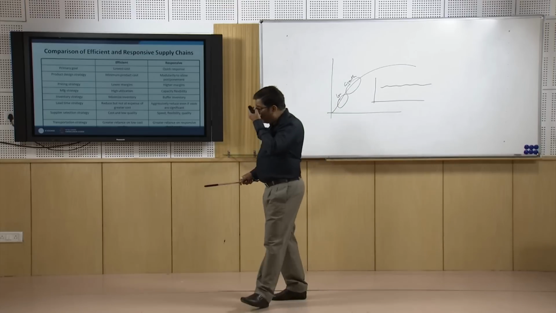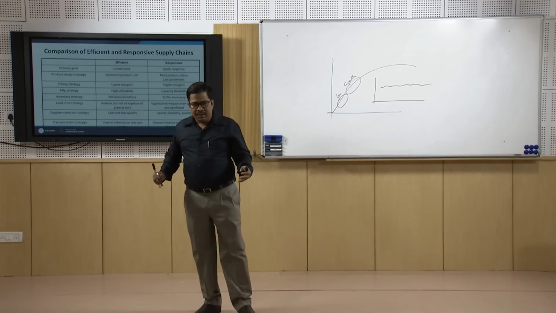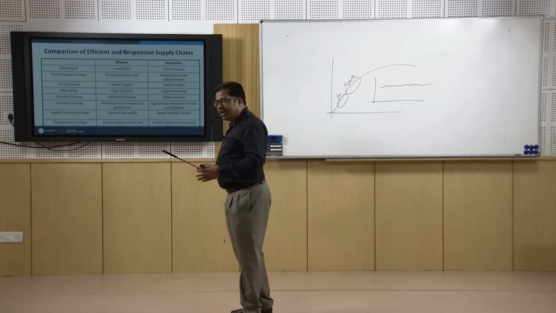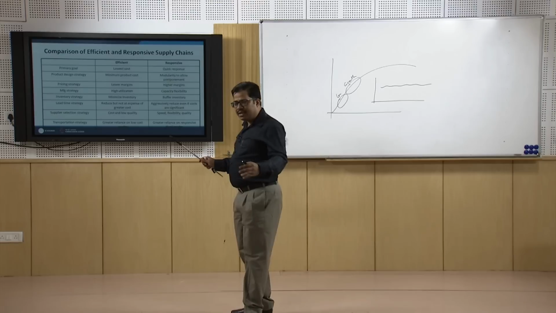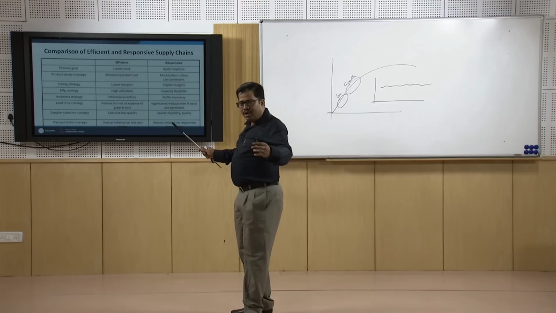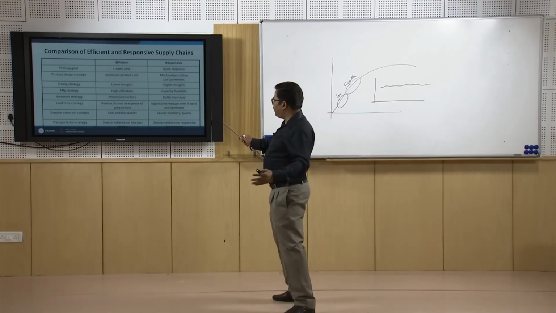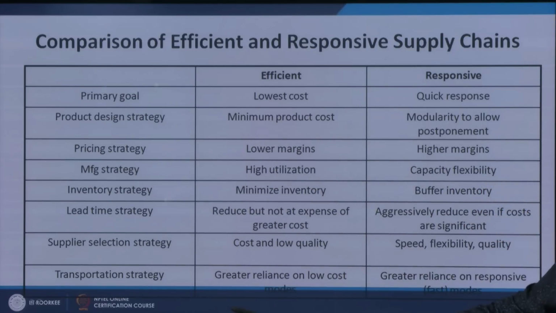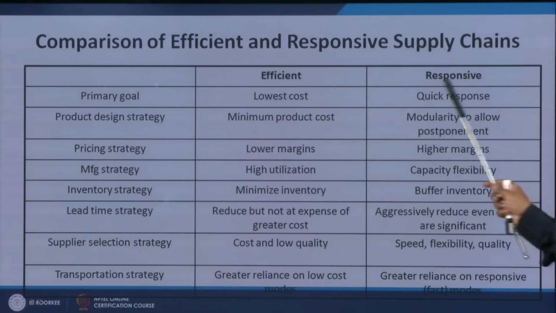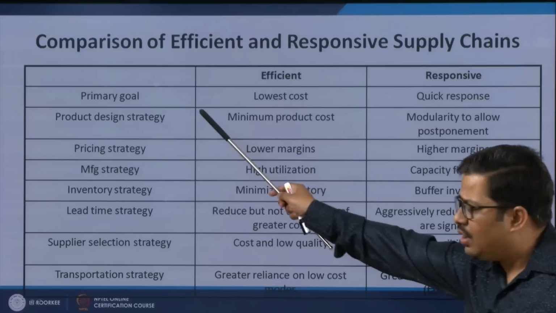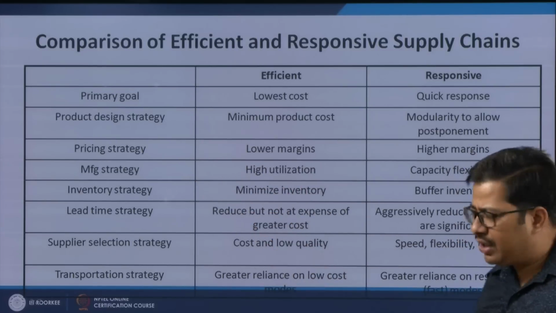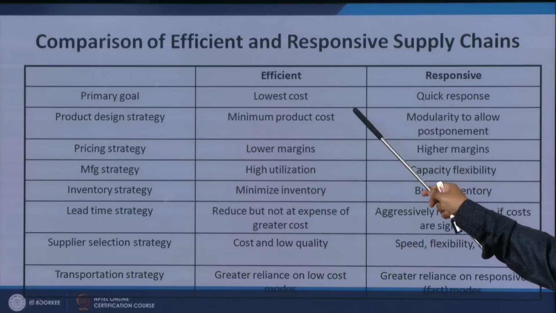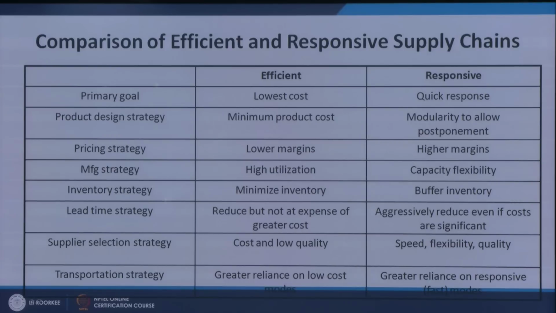Now, some quick comparison between the efficient and responsive supply chain. We discussed that these are the two extremes of supply chain strategy, and now we see some of the items on which we can compare them. The first thing is the primary goal. The primary objective of an efficient supply chain is the lowest possible cost.